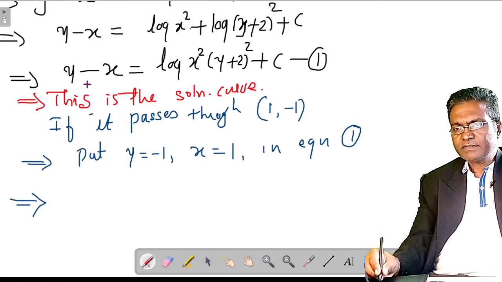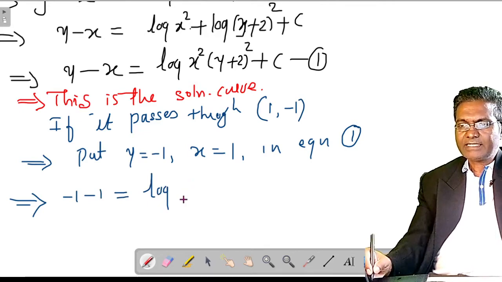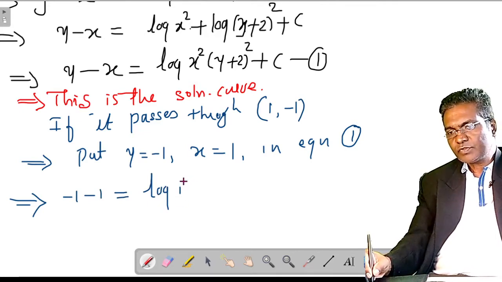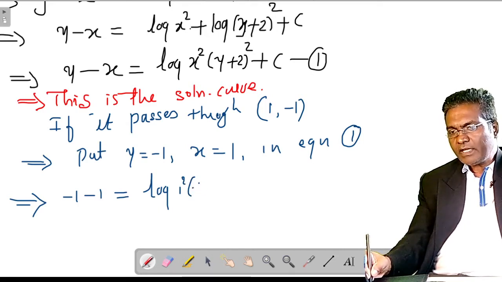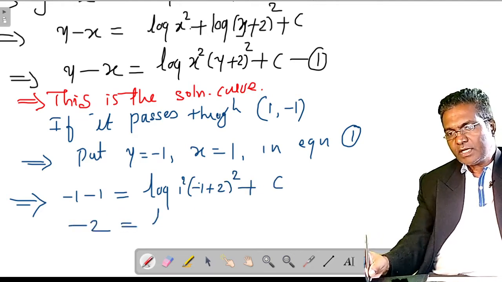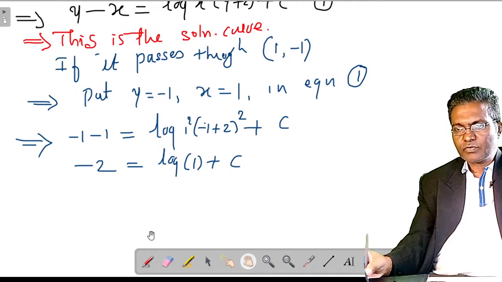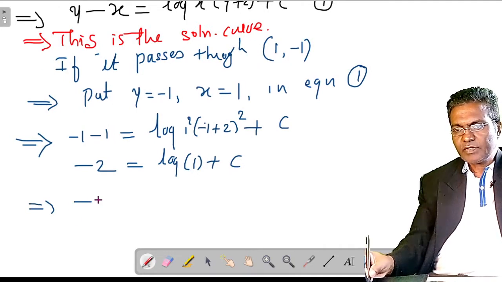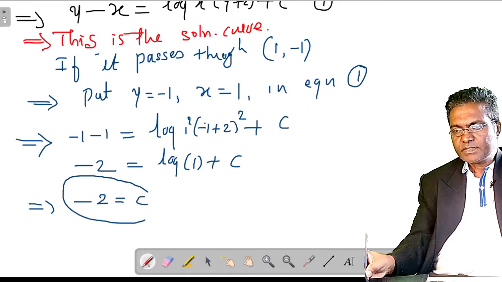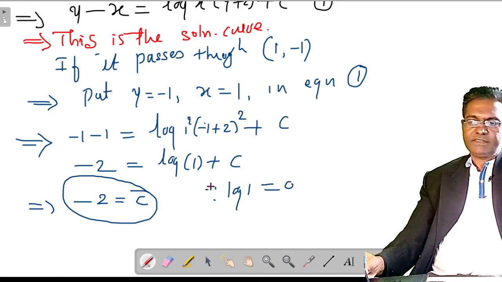So what will you get? You will get minus 1 equals log of x square, that is 1 square, into y plus 2 whole square, that is minus 1 plus 2 whole square, plus c. So you will get minus 2 and you will get log 1 here. Log 1 is 0. So you will get c is equal to minus 2, because log of 1 is always 0.